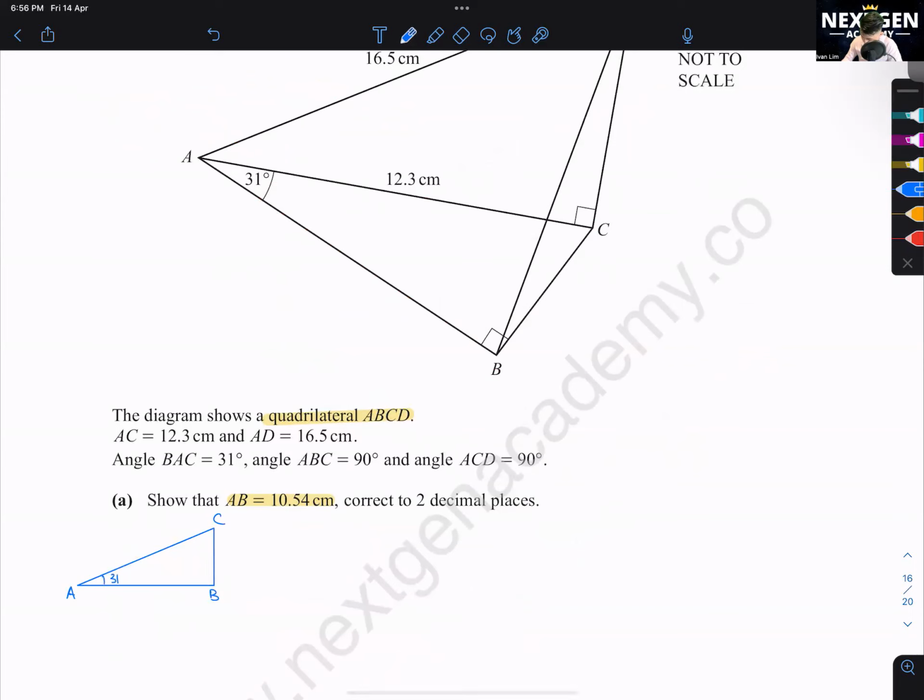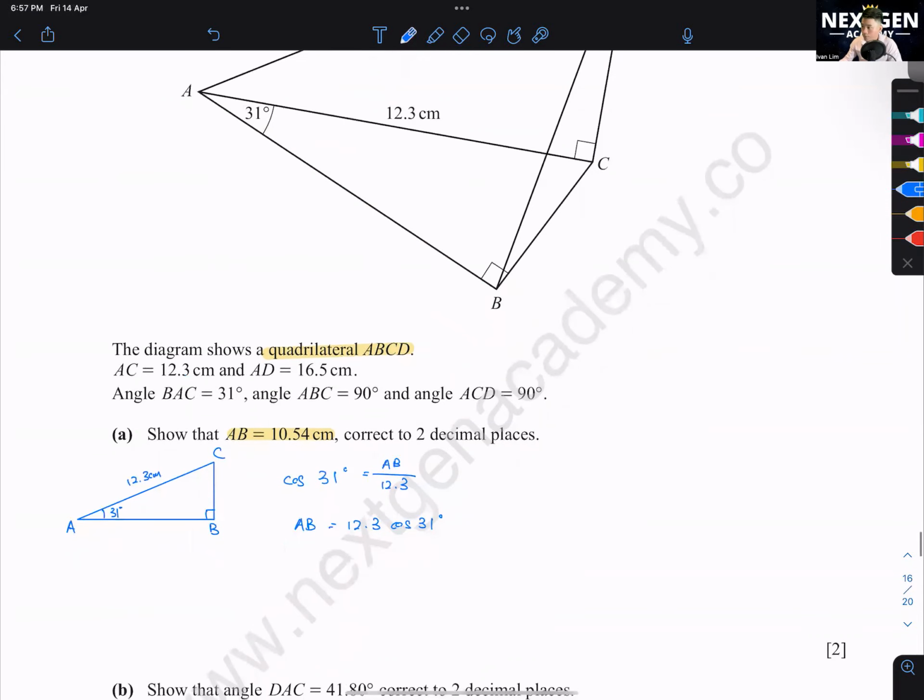Here 31 degrees, 12.3 cm. I want to find what's AB. Cos 31 degrees equals AB over 12.3. AB equals 12.3 cos 31 degrees.